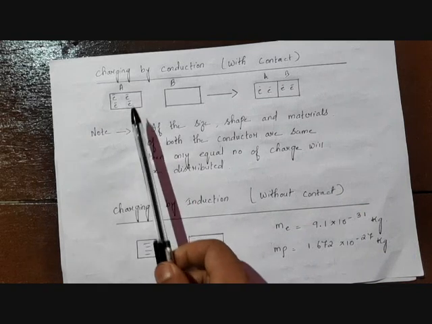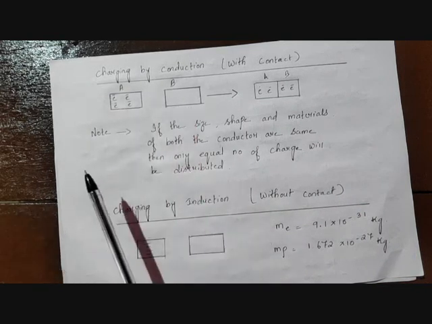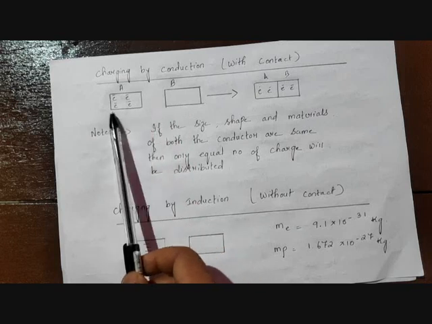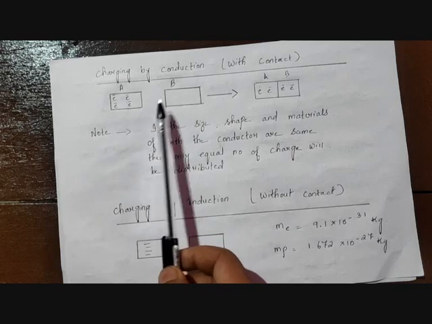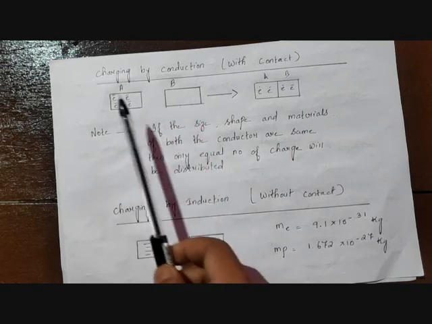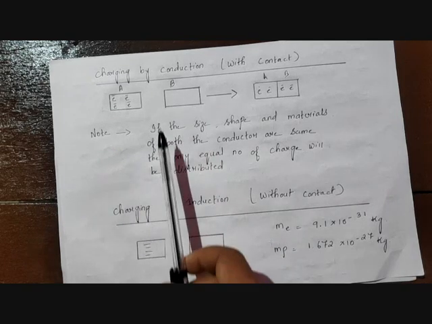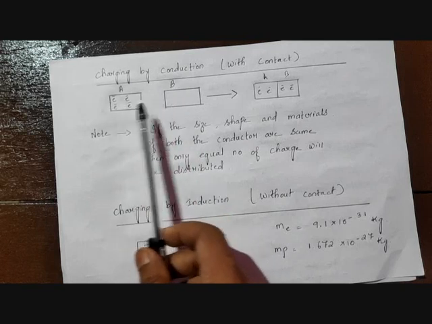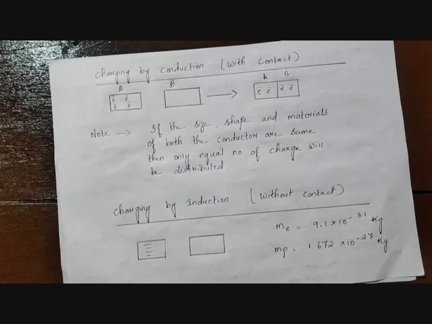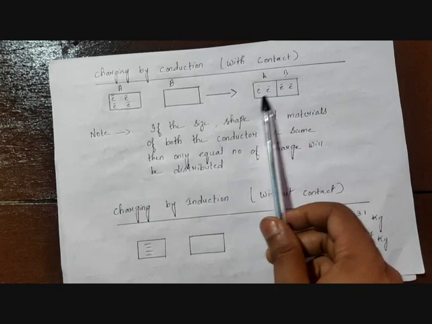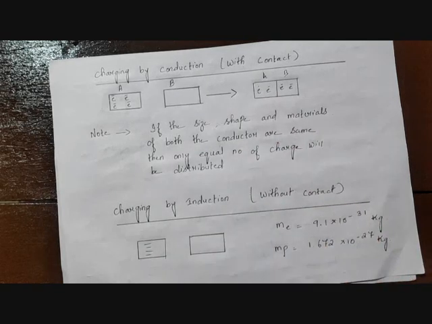Suppose the size and shape are different. I might have drawn the shapes unequal here, but just assume they are the same. If the two bodies' shapes are different and the material of the conductor is also different, then equal electrons will not be distributed. Are you getting what I'm saying?